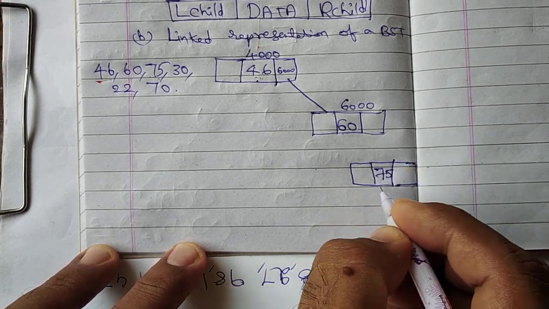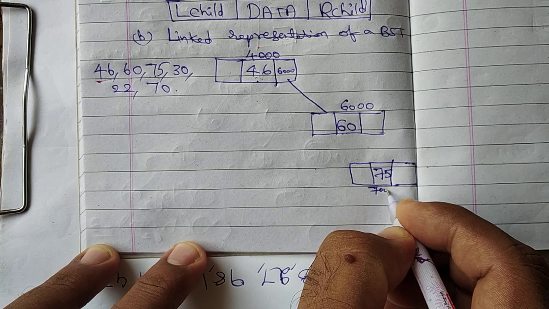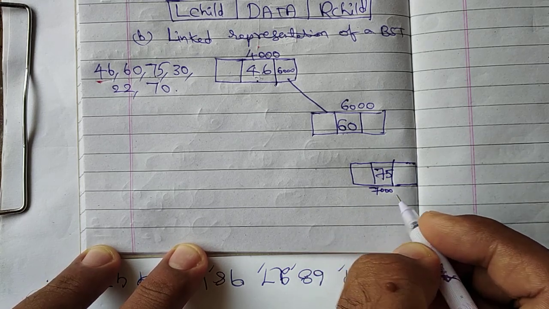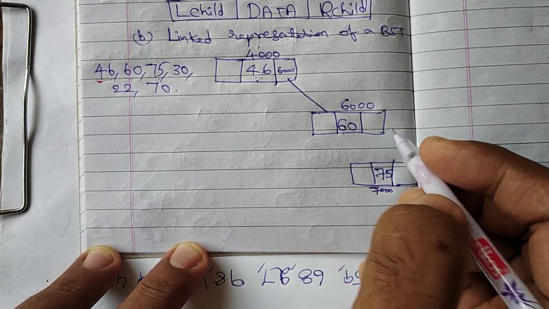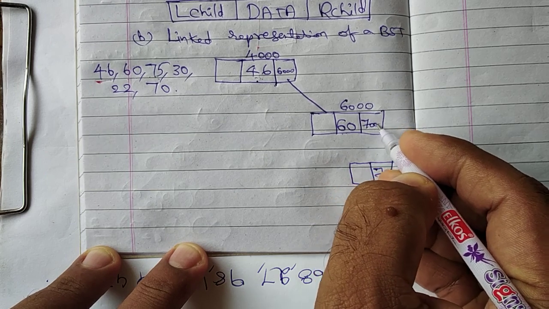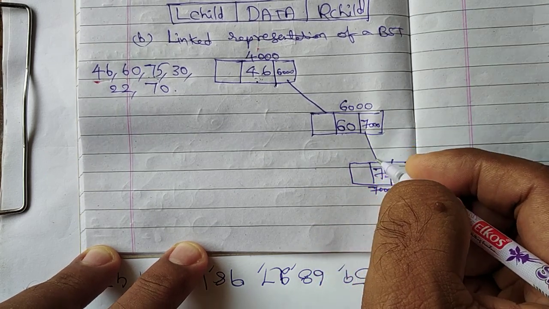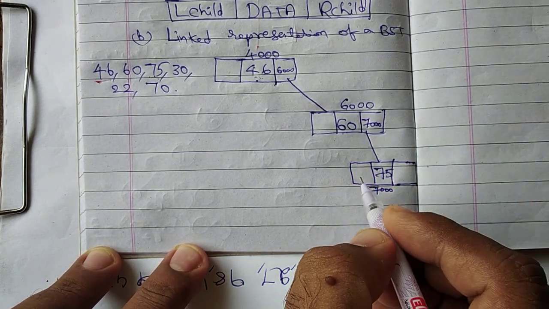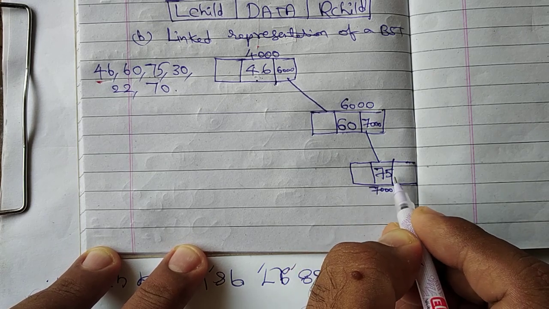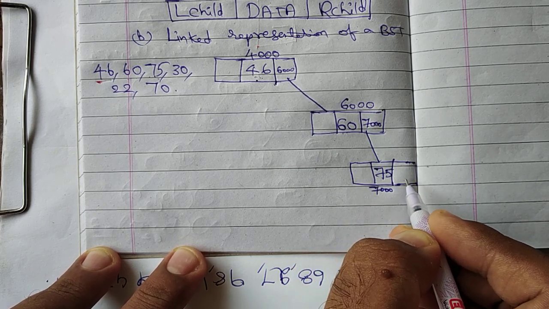Now assume this node address is 7000. Where do we place the 7000 address? Here, 7000, so it will point like this. Now put null here, and null here also.